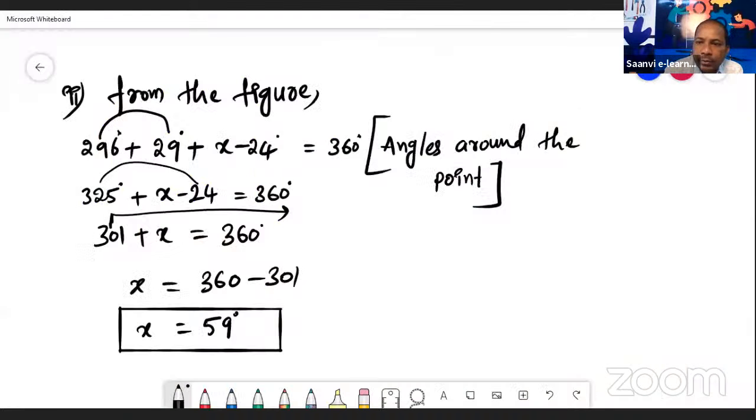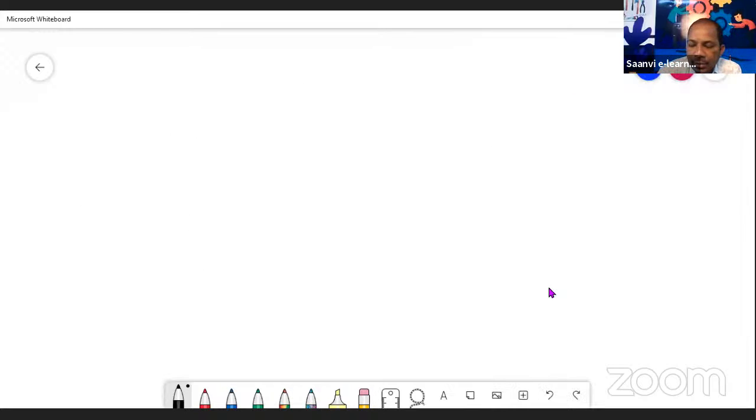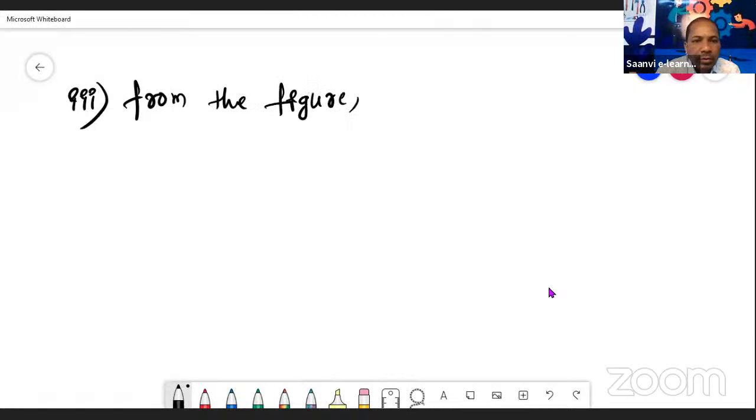And look at the board. The given angles are vertically opposite angles. Okay, children, third one. From the figure, the given angles are vertically opposite angles. So what are they? 2 plus 3x is equal to 62 degrees.